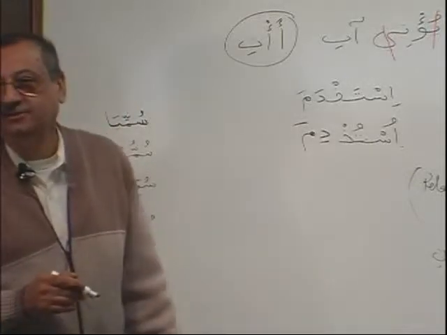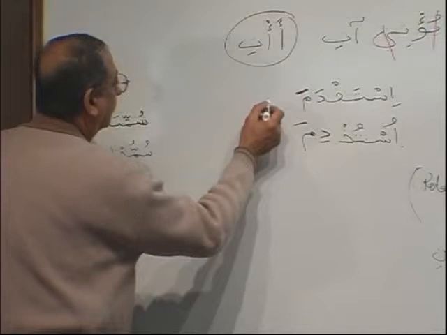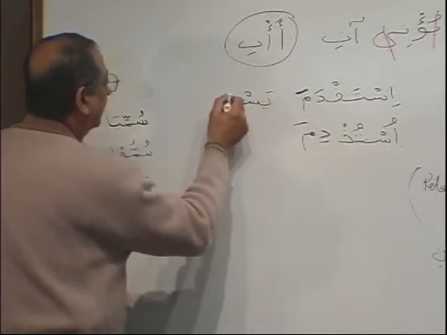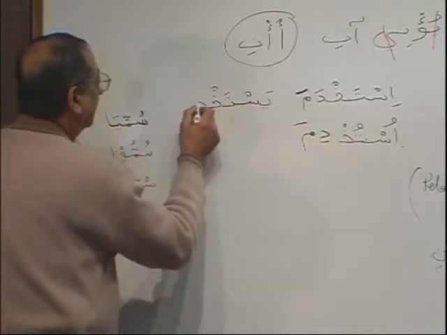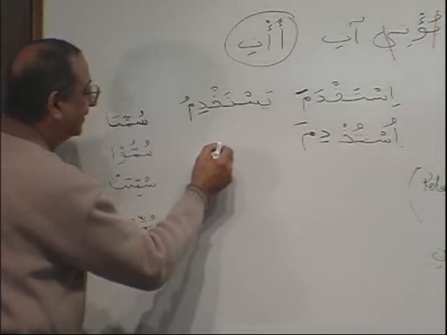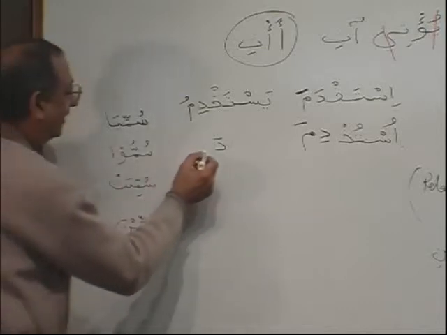Ustukhdima. Sister Nasri, istakhdama. Make it mudariya. Yes, takhdimu. What is the verb, brothers and sisters? Yes, takhdimu. Now make it majhul. Our formula, brothers and sisters: ain kalima gets a fatha.